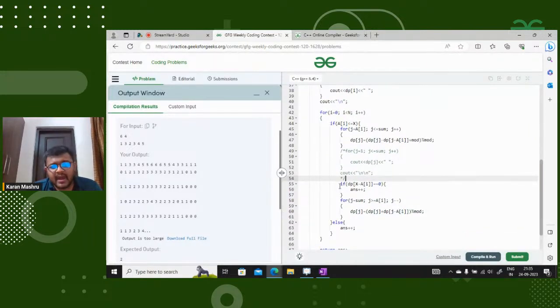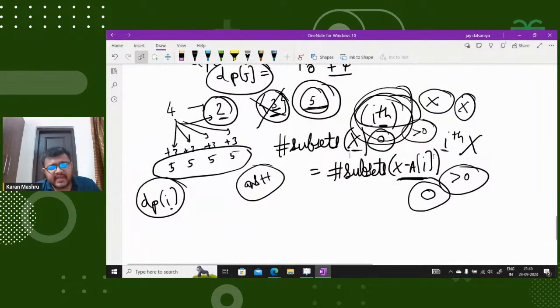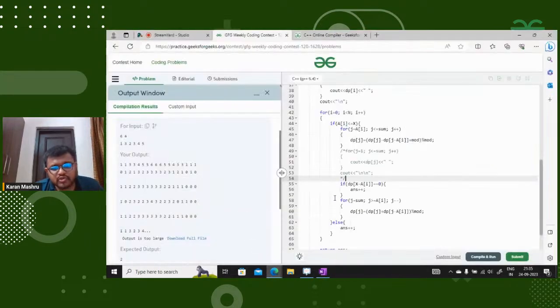Now, as I explained here, if I do not consider the ith element and the number of subsets whose sum is x minus a of I is 0, it means there were no subsets considering the ith element whose sum was equal to x, right? So after not considering the ith element, I have updated the dp array from line 45 to 48.